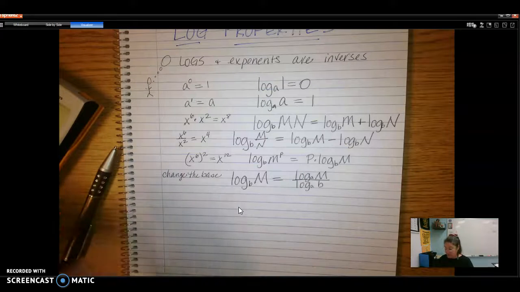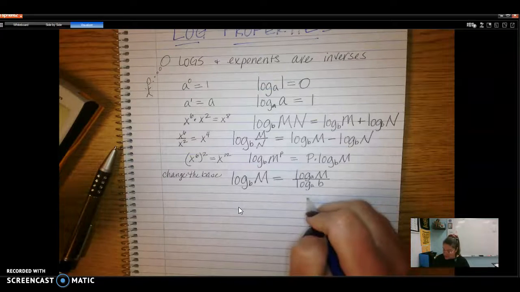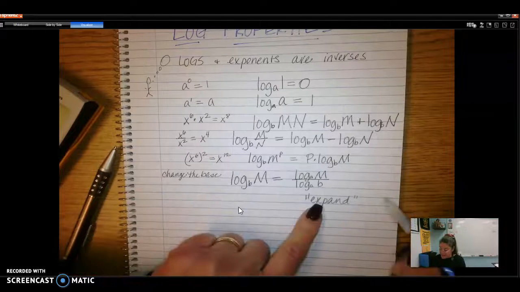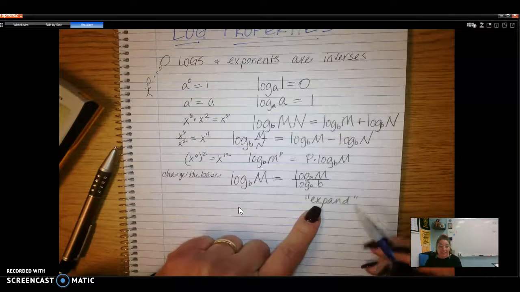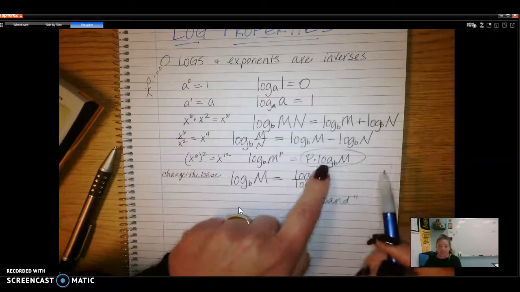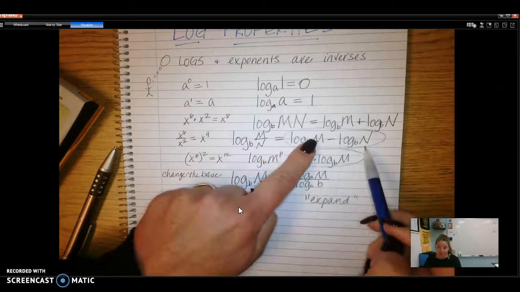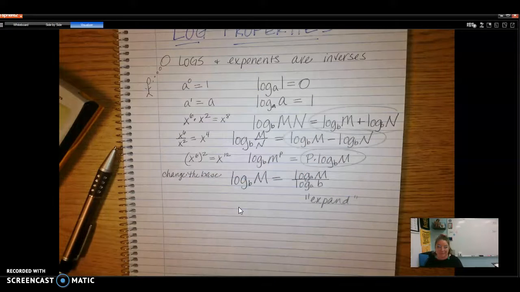I will tell you that if you see the words expand, that means that they want you to write your answer with the exponent pulled in the front, or with a minus sign between them, or with a plus sign between them.